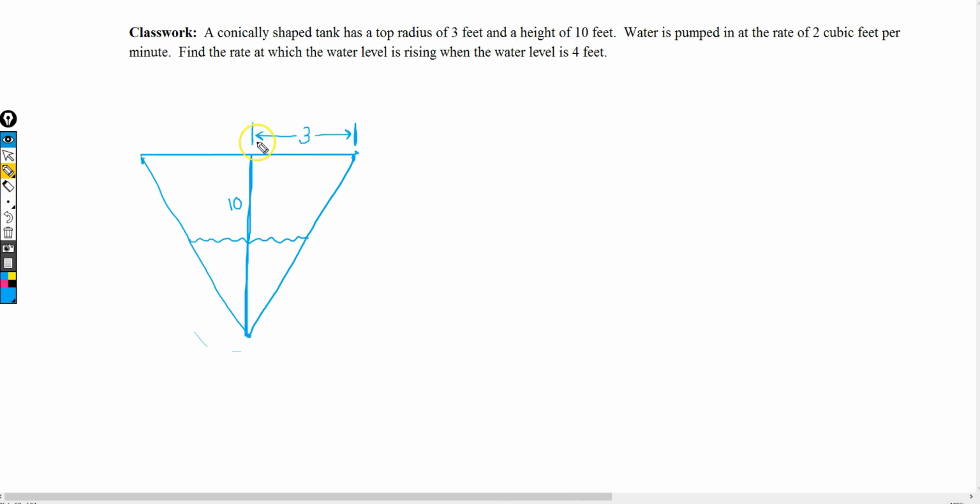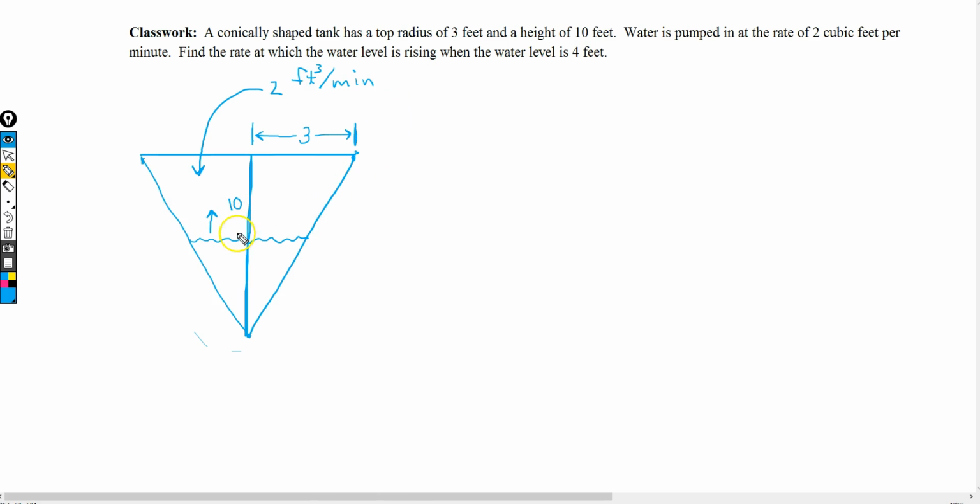Now, the top radius of the tank is 3. The height or depth of the tank is 10. And water is being pumped into the tank at the rate of 2 cubic feet per minute. And this is our water level down here, and it is rising. Now we want to find how fast the water level is rising when the water level is 4 feet.